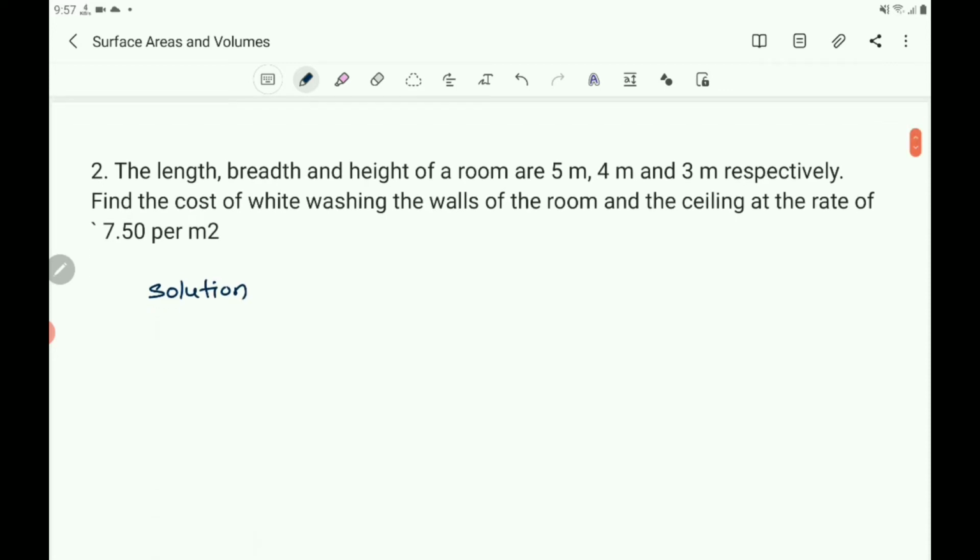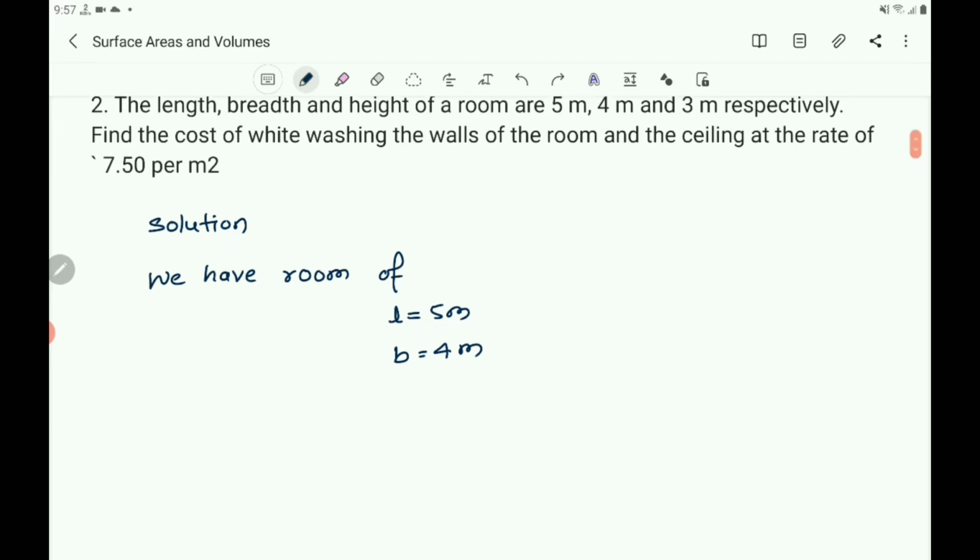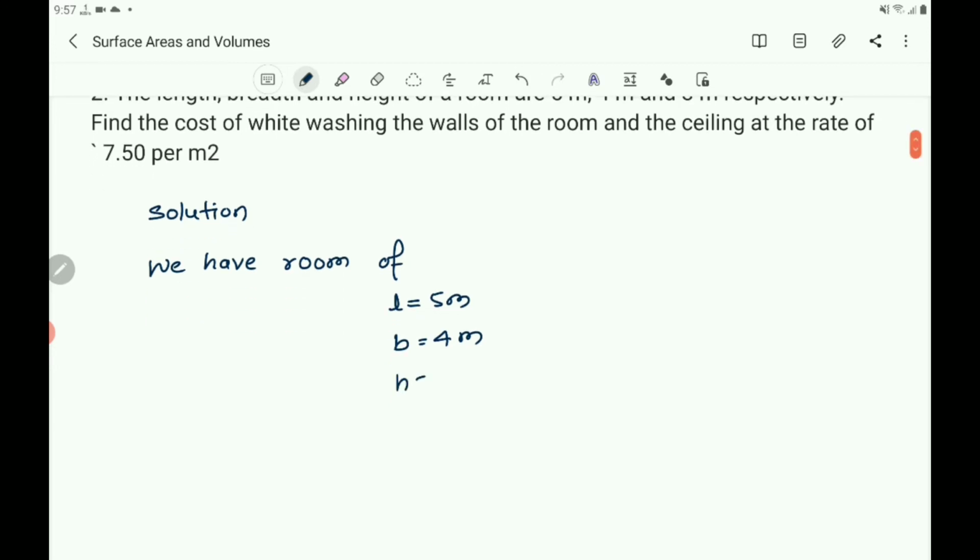Then L equals 5 meter, this is L, and B equals 4 meter, and H equals 3 meter.